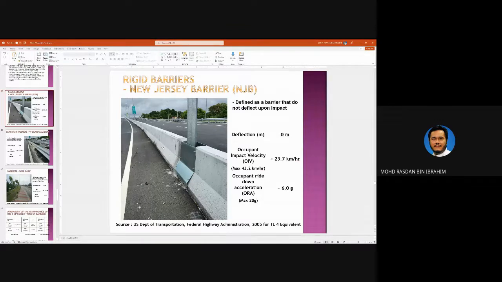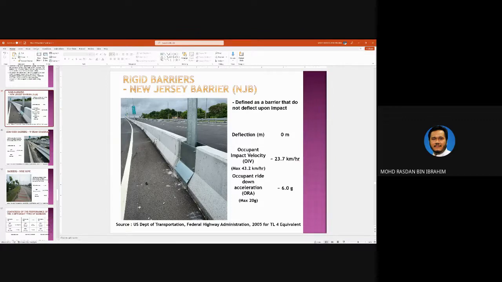If you hit it, it's not going anywhere. But normally it is used where the distance here is very small, and the risk of vehicles going into the other lanes is very high. So it might as well they hit this barrier instead of going off onto the other lane. So you can construct this.